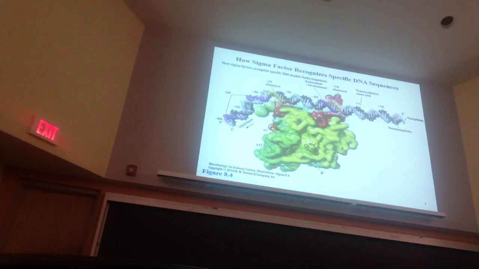So upstream at the minus 10 and minus 35 section, you have this really interesting interaction between the sigma factor, which is in red, recognizing that particular sequence in order to transcribe those particular genes, and helping the RNA polymerase dock onto its template.